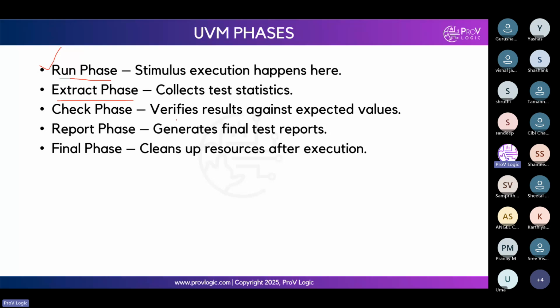And next phase is report phase. Report phase is generally used for final reports. After all tests are passed or failed, final report in the sense: suppose test 1, test 2, test 3, test 4. Related to the tests, whether each test is pass or fail.